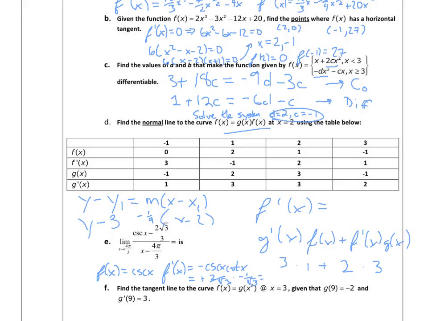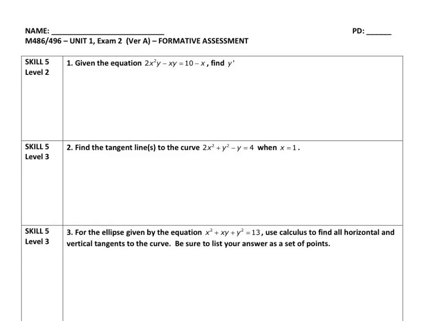Final answer, positive 2/3. Again, why positive? Because it was negative to begin with, and then my cosecant in quadrant 3 is negative. Cotangent in quadrant 3 is positive, so that should be positive 2/3 there. All the signs should end up canceling each other out.